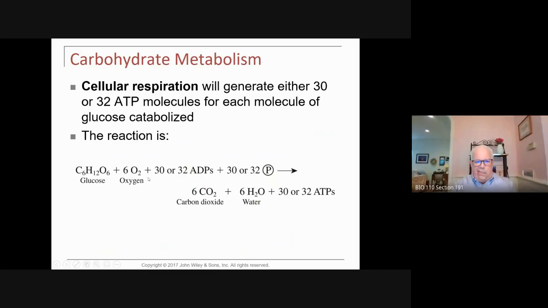Glucose in the presence of oxygen will yield 30 to 32 ADPs and 30 to 32 phosphoruses. This will equal a byproduct of carbon dioxide, water, and ATP. Okay? That is cellular respiration in a nutshell.